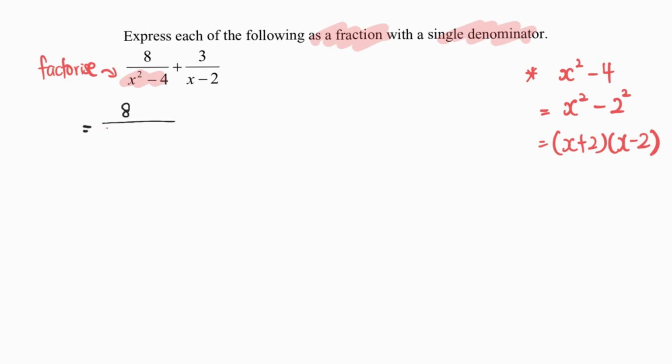I hope you are able to realize that x squared minus 4, if I were to factorize this, I would be able to do it this way. So it will be x plus 2, x minus 2. And therefore, for this particular problem, I would have 8 over x plus 2, x minus 2.